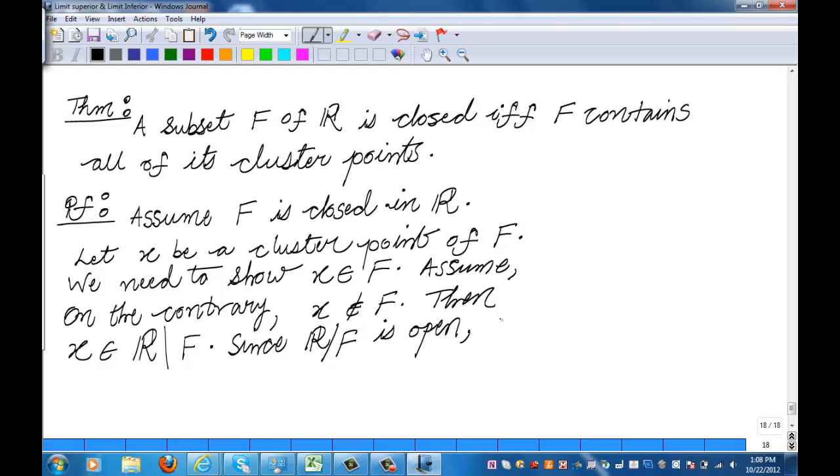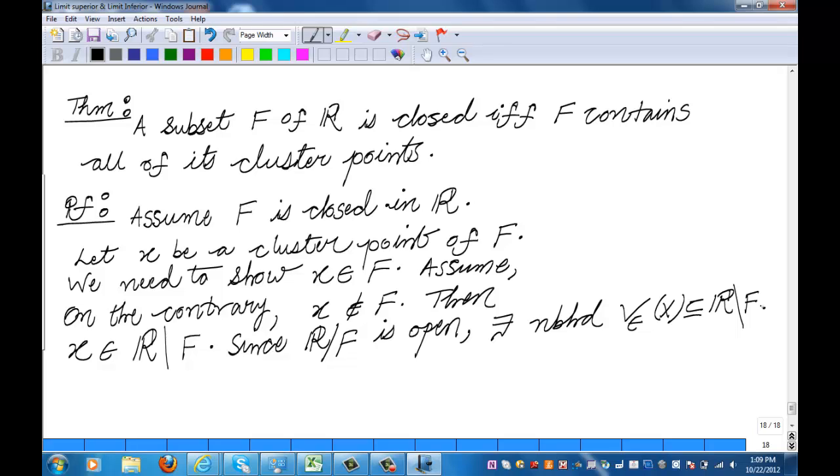So if X is in the complement of F, then there exists a neighborhood, let's say of size epsilon, V epsilon of X, which is entirely contained in the complement of F. Is that making sense? Because the complement was open. But X is a cluster point for F, right?